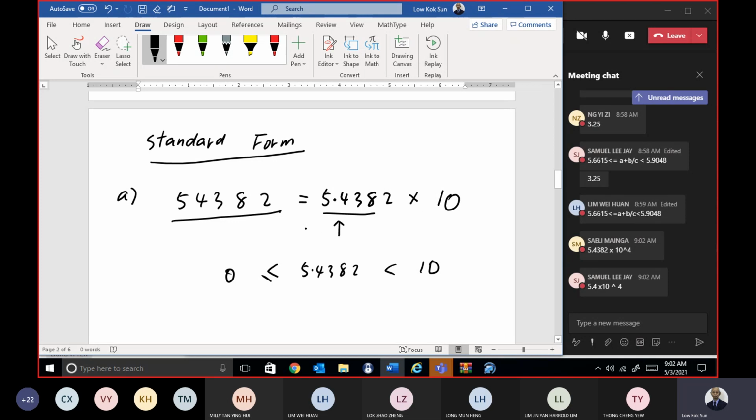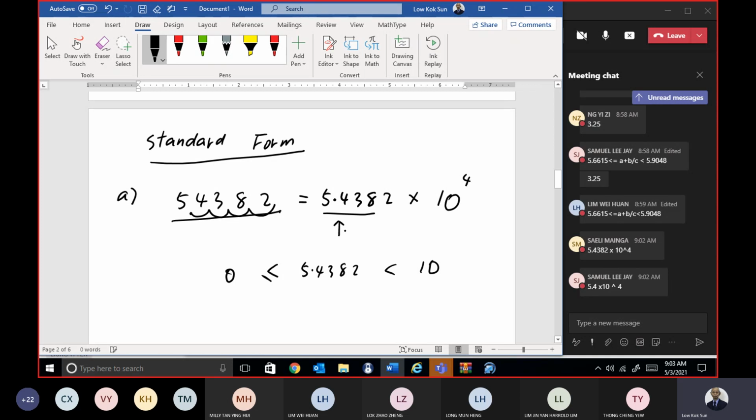So our job is very easy. How to put the power? We assume a point here, and we start to count how many times it has to be moved. We assume a point here, 5 point, then we move 1, 2, 3, 4, 4 times.